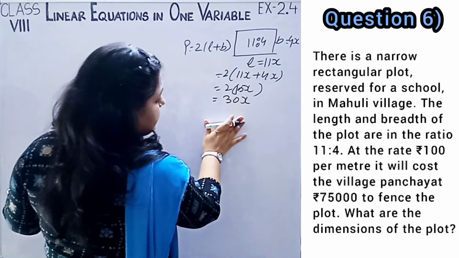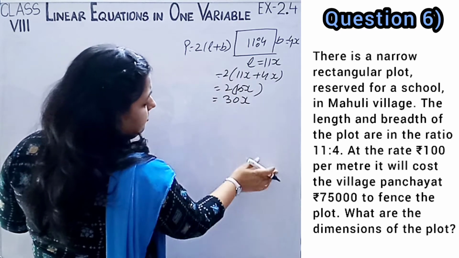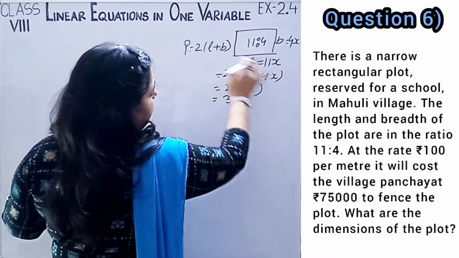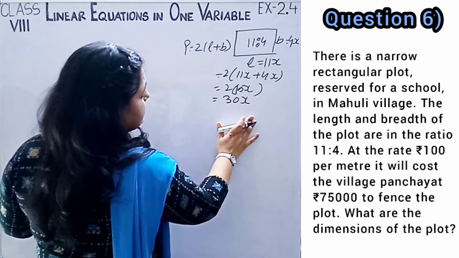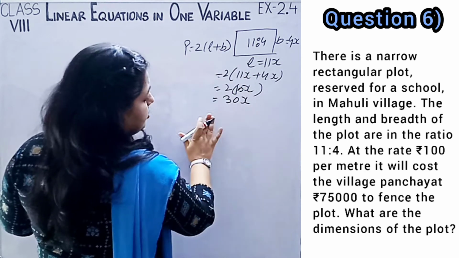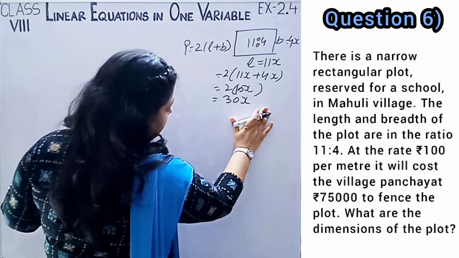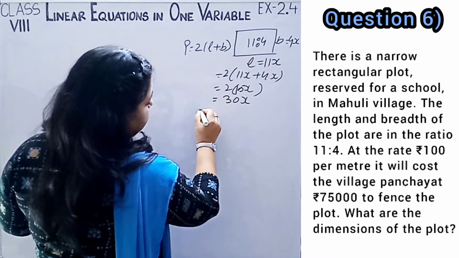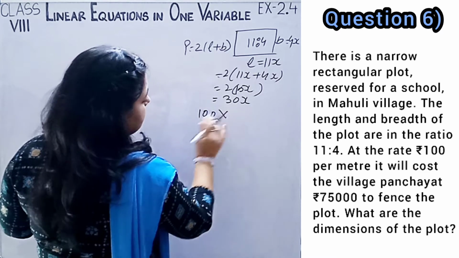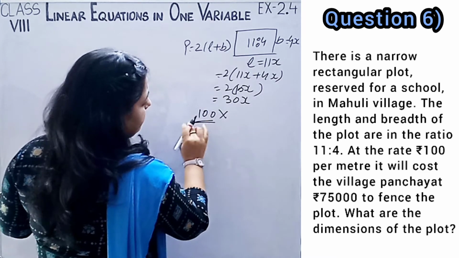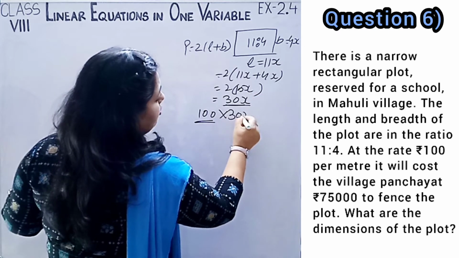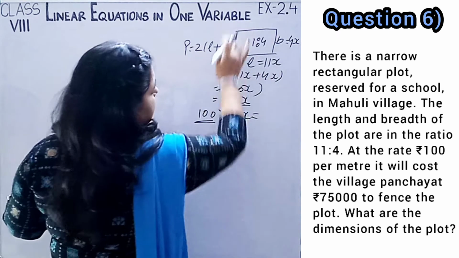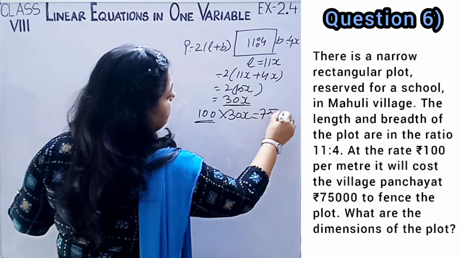Now it is given that the cost of fencing the plot, we have to fence this plot, is 100 rupees per meter and the total is 75,000. It means according to our question, 100 into, because per meter costing is 100, and the perimeter is 30x, and the total cost of fencing is 75,000 rupees.